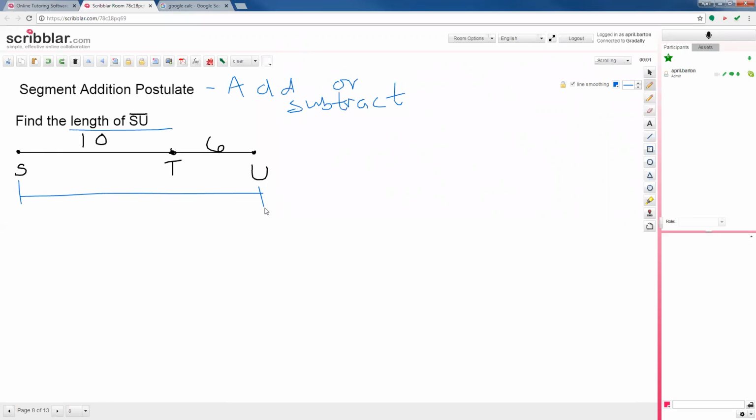So if you have 2 separate things and you want to know the entire amount, like if you had a $5 bill and a $10 bill, you'd say, well, I have $15 total. You add those two pieces together. That's the same for segment addition. The first piece, ST, plus the second piece, TU, that will give you the entire segment. That will give you all the way from S to U.